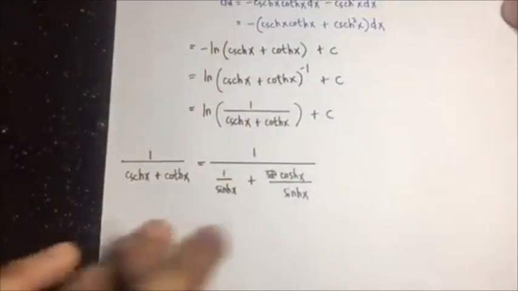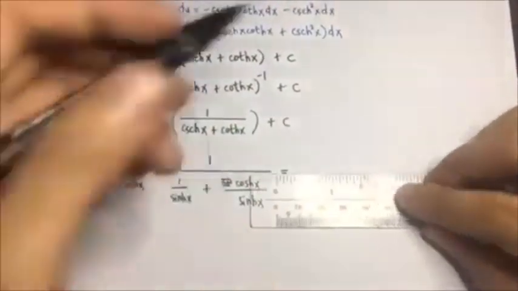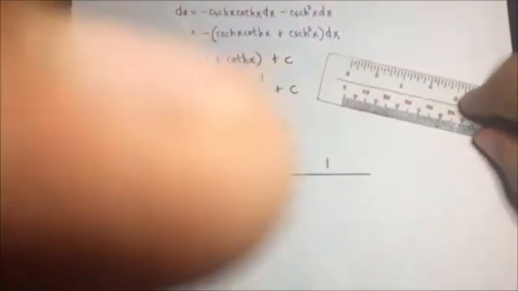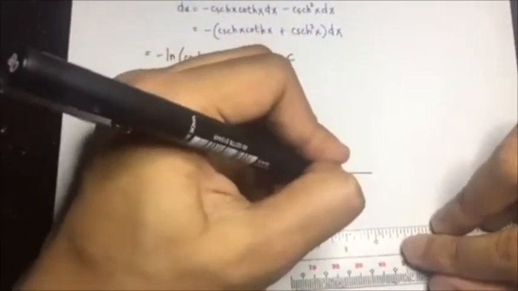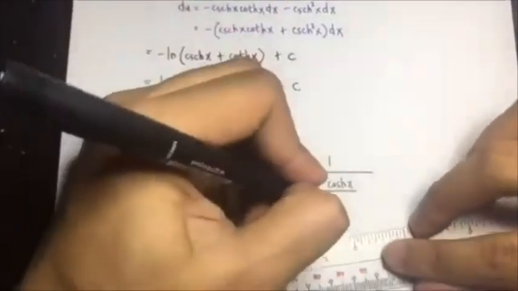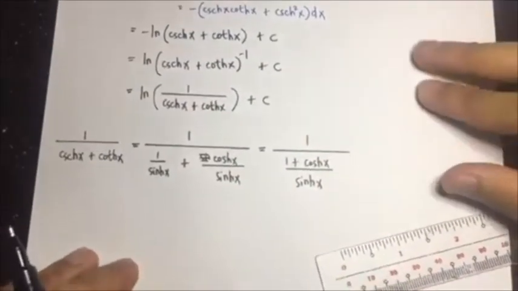So next, we can add these, and this will become 1 over 1 plus hyperbolic cosine of x over hyperbolic sine of x.